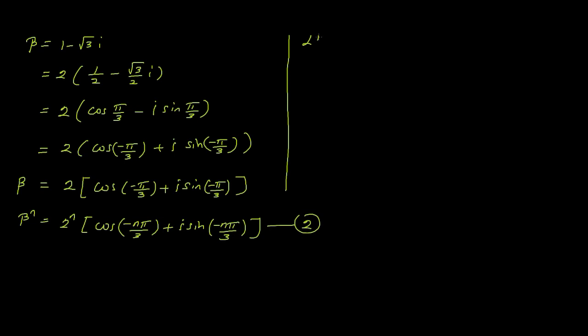In the LHS of the question we have alpha to the power n plus beta to the power n.